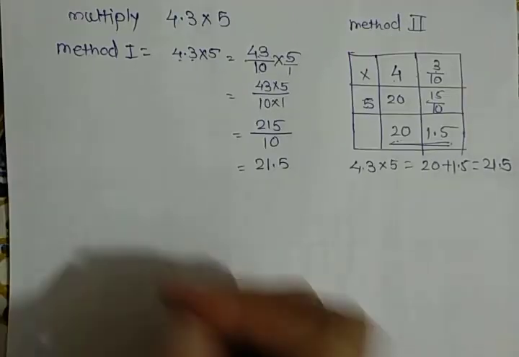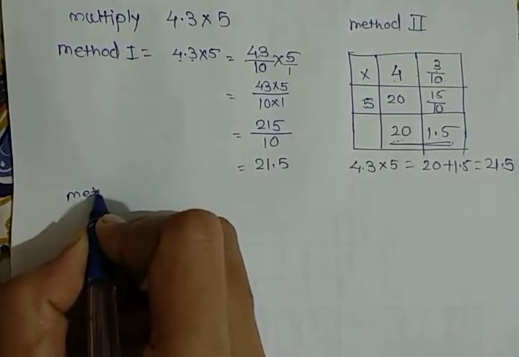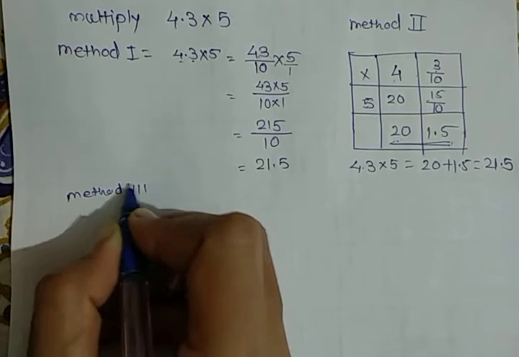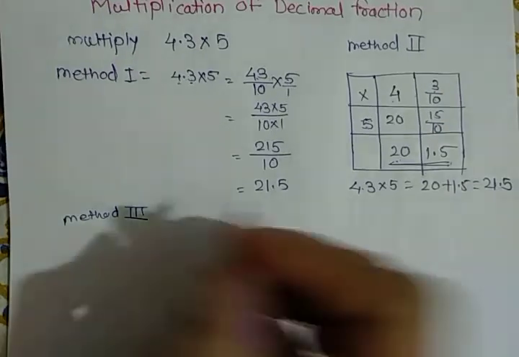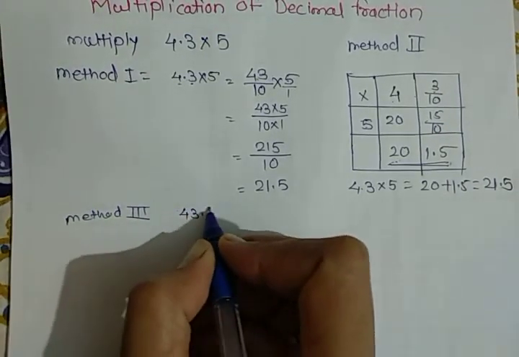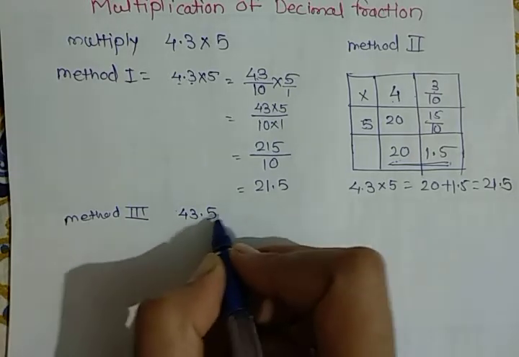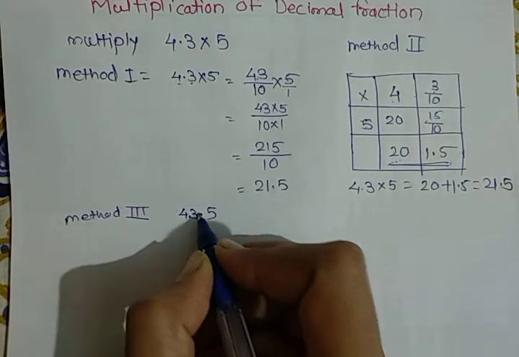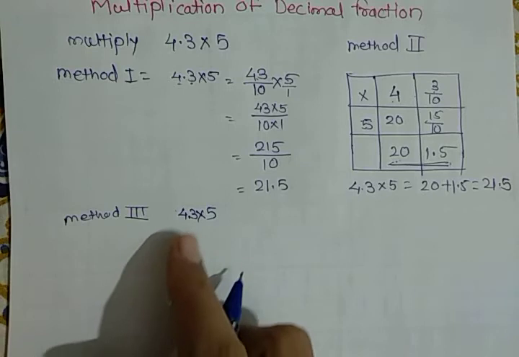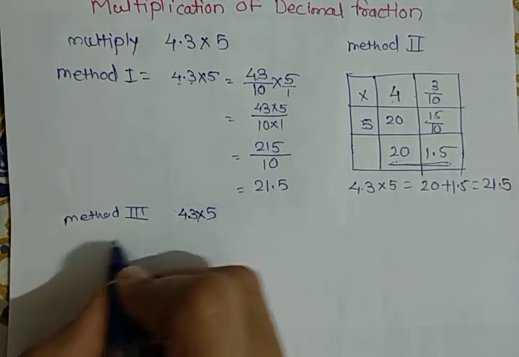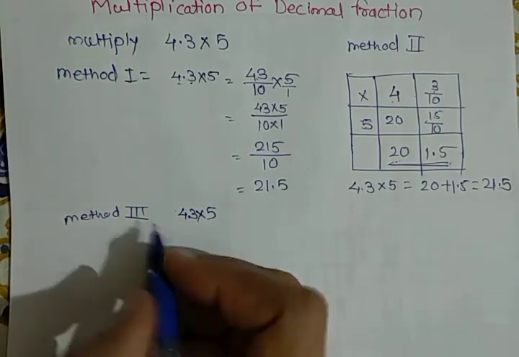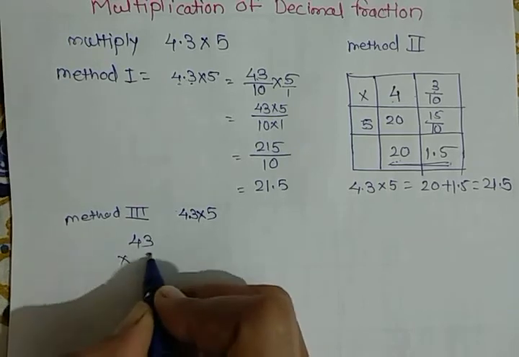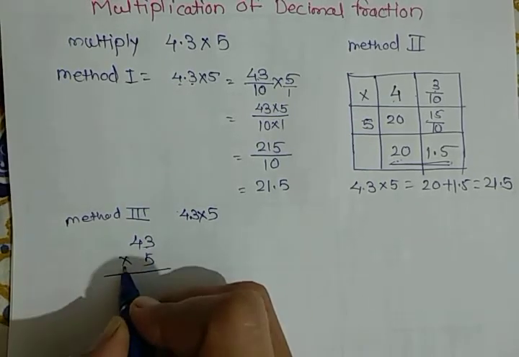Now let's see method 3. Method 3 is very easy. The question is multiply 4.3 by 5. First, take the multiplication of 43 multiplied by 5.